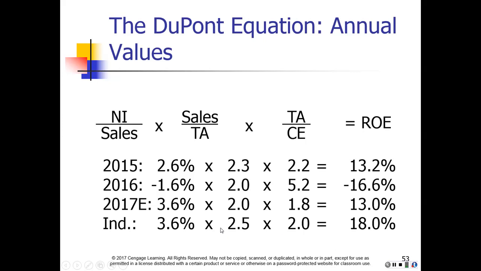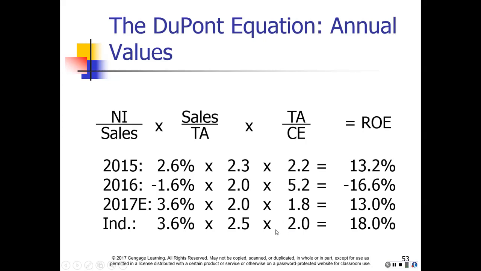In 2017, we have a much lower amount of leverage. The company is profitable, and so ROE is higher. The industry average has the same profit margin. They have higher turnover, so we're looking at low total assets turnover for this company, right? And the industry has a higher debt ratio.